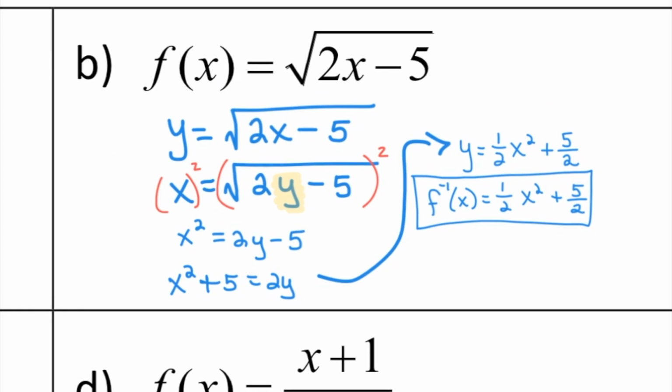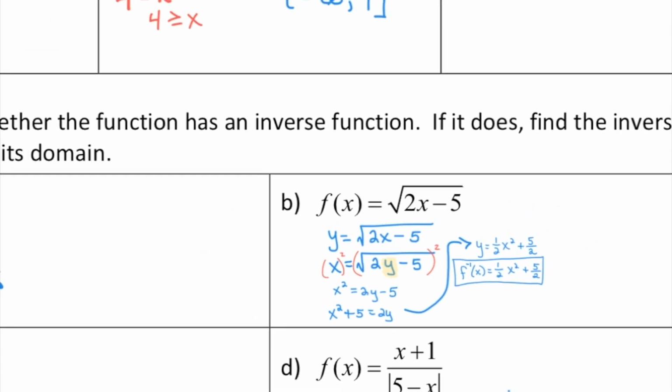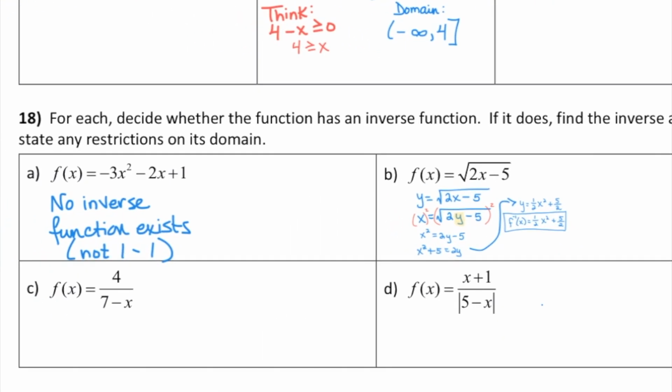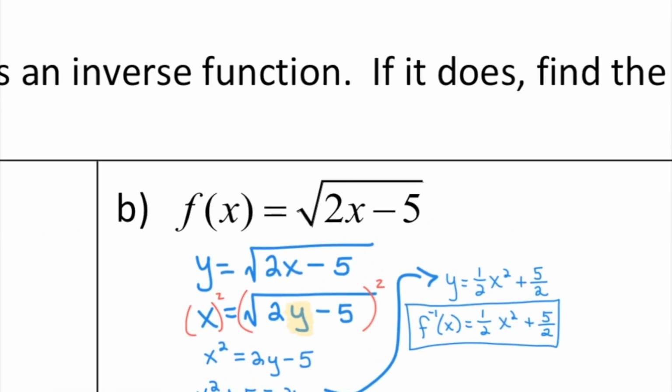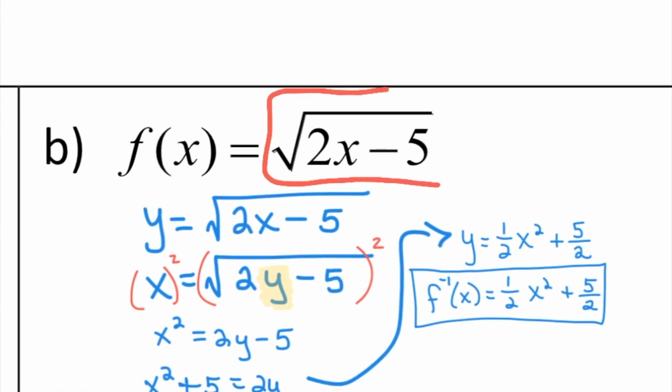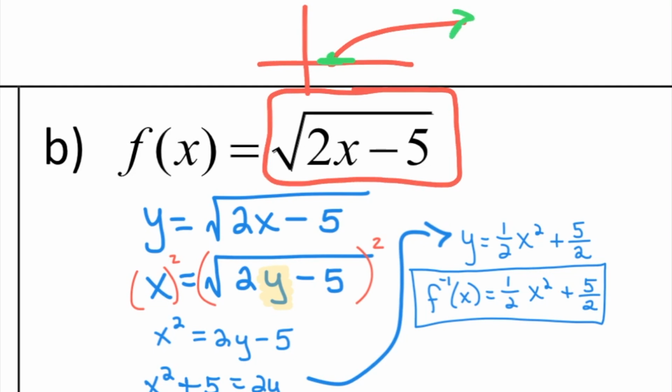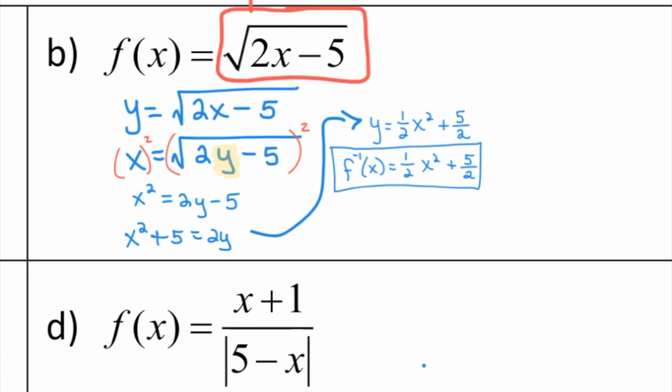Now, here's the tricky part with this one, because it does say find any restrictions on the domain. And remember that if your original function had a restriction on the domain, the original function here was a function that looked like this, and the range of the graph starts at 0 and goes to positive infinity, and the range becomes the domain of the inverse.